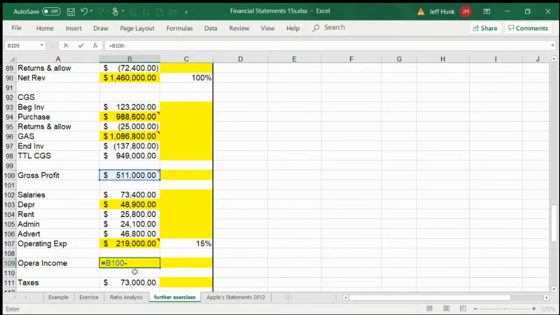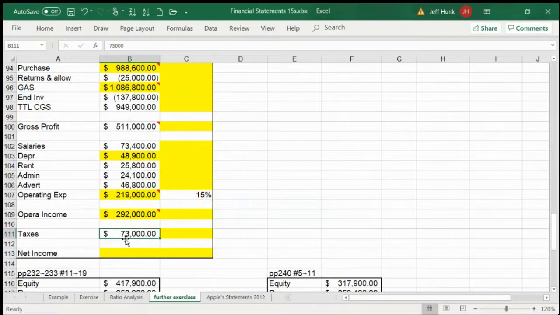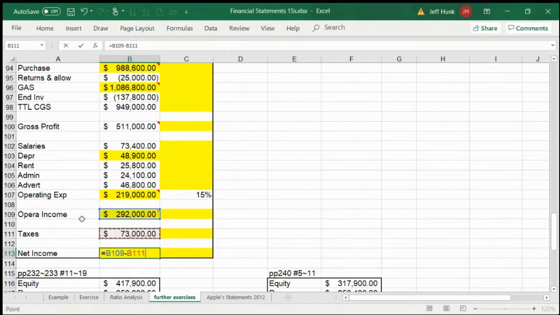I will simply from gross profit subtract OPEX, and that's our operating income. And if taxes are this, then your net income will be your EBIT minus taxes. And apparently this company doesn't have any interest payment, right? So there you go.